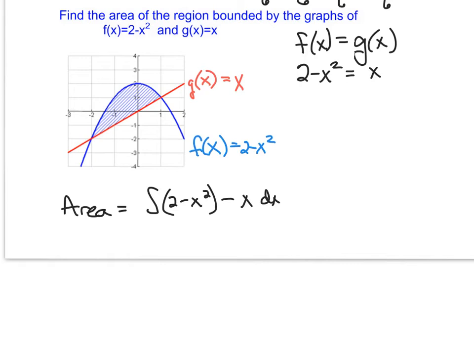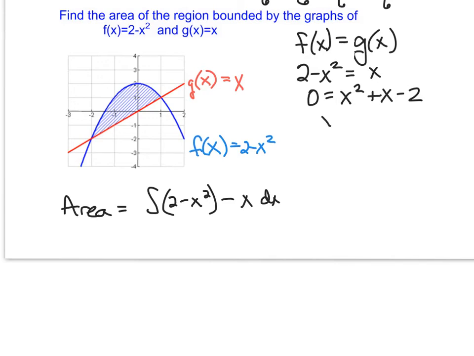If I move all of my terms over to the right side of the equation, leaving a 0 on the left, I'll have x squared plus x minus 2 equals 0, which is just a quadratic equation that I need to solve. This makes sense because I know that I've got 2 points of intersection between my linear function g of x and my quadratic function f of x.